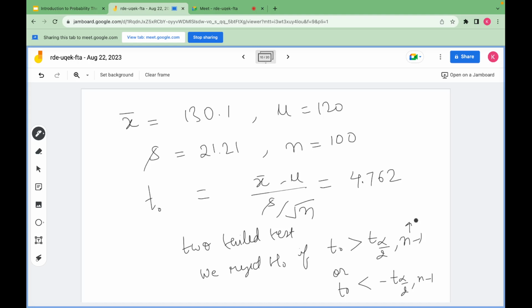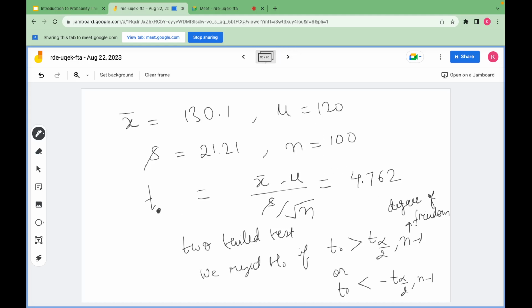N minus 1 is the degree of freedom. So in the t table there will be two things. One is the alpha value and another is this degree of freedom. So degree of freedom is n minus 1, where n is the sample size. Okay, this n is 100.